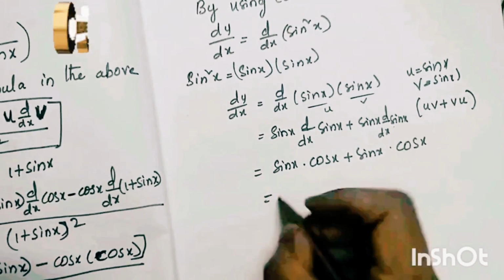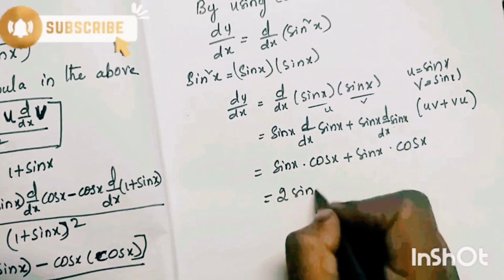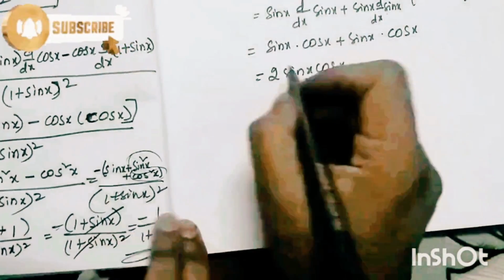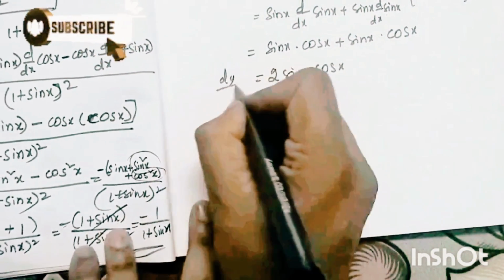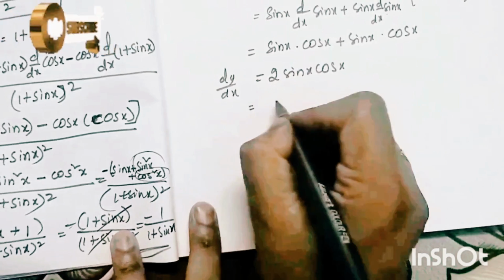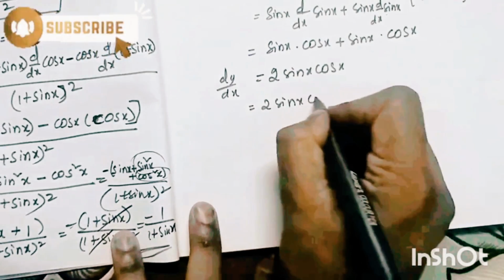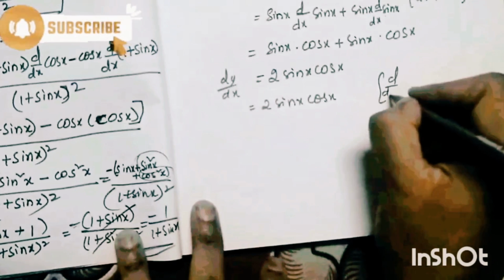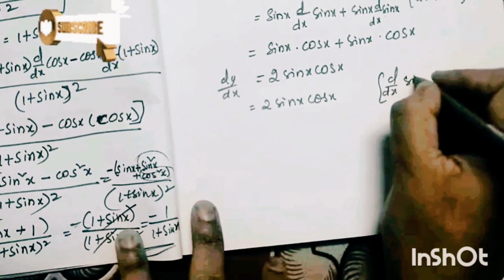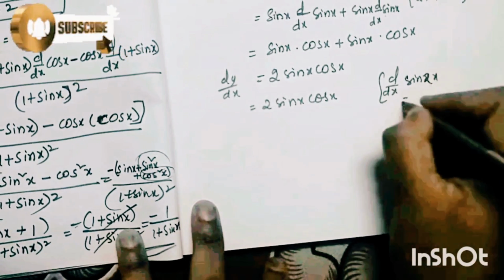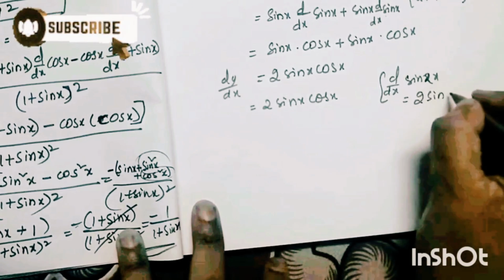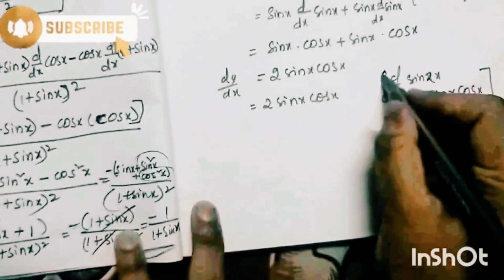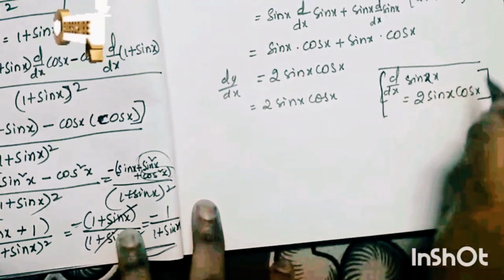Now 2 sin x cos x: the same terms are here, two terms, so add them. dy by dx equals 2 sin x cos x. What is the formula of 2 sin x cos x? sin 2x is equal to 2 sin x cos x. Remember this formula when using it in problems, we have to remember formulas, children.